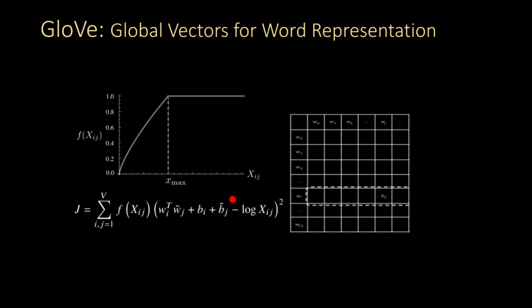However, if one of them contradicts the other, you would have a greater cost to retrain the network. All right, so that's GloVe with sampling from the co-occurrence matrix.